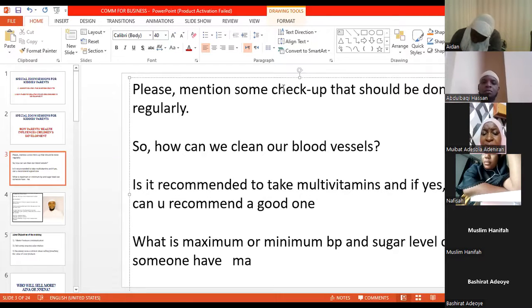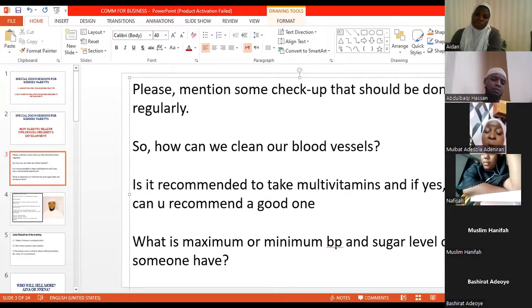What is the maximum or the minimum blood pressure or blood sugar level someone can have? Okay, now the blood pressure will depend on your age. And of course, it also depends on some other conditions, like if you have diabetes. If you have diabetes, your blood pressure should be lower than someone without diabetes.